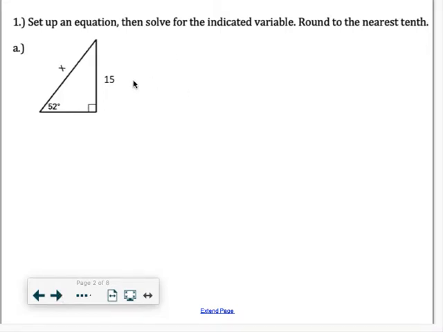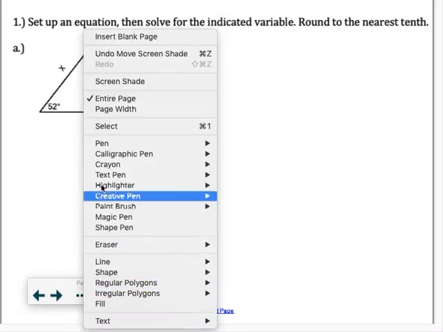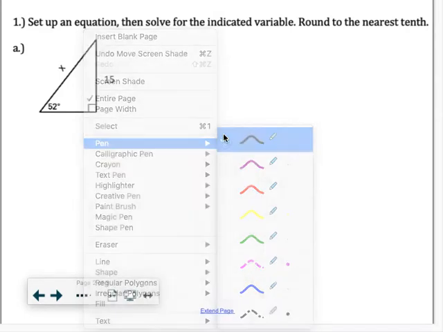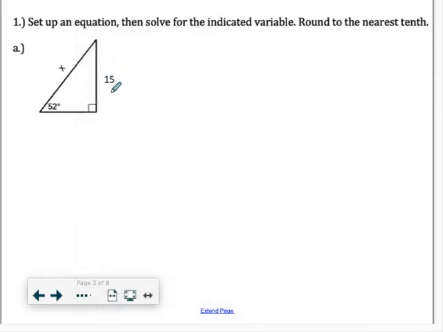So what we have here on A is a 52-degree angle, this side length of 15 and this side length of x. Your first step is to realize, okay, I'm going to use this 52-degree angle right here. What is the relationship of x? Well, x is the hypotenuse, okay?